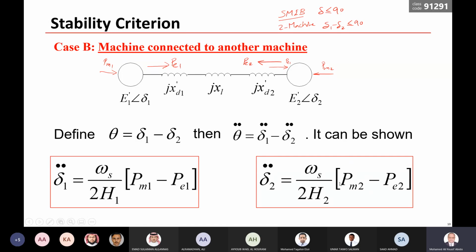So this term will be equal to that term. By taking the difference, you can take this term as a common factor, and you will end up with omega s over 2 also as a common factor. So you have 1 over H1 and 1 over H2.